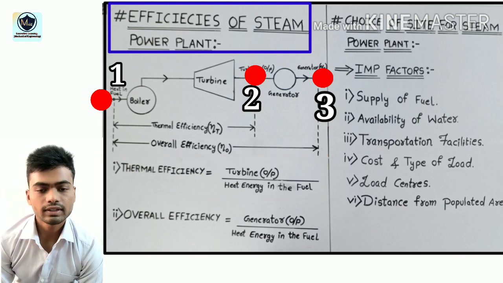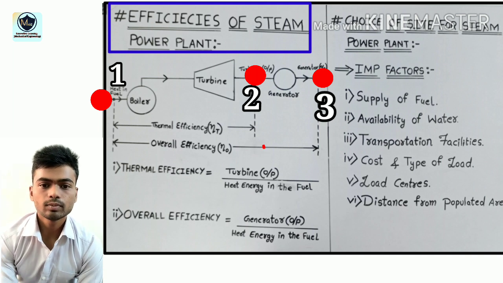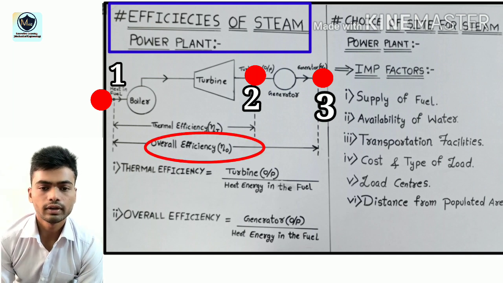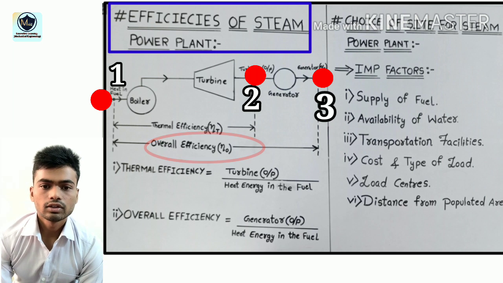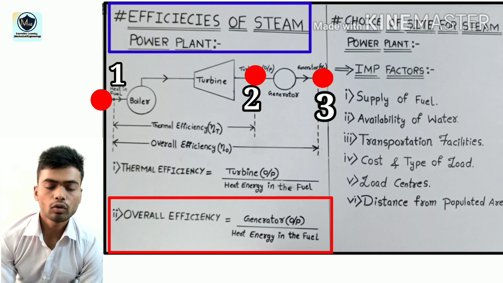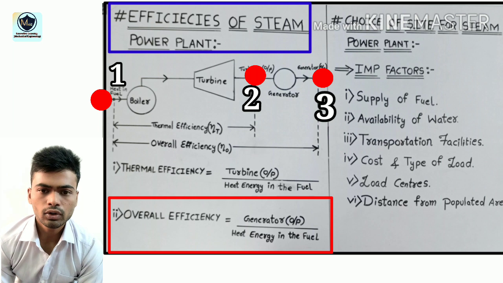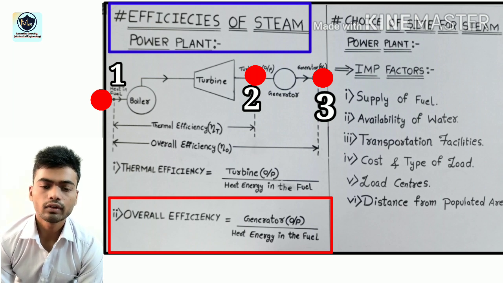If we apply the same formula for overall efficiency, it is between points 1 to 3. That is generator output to the heat energy in the fuel as an input. So finally, the overall efficiency is defined as the ratio of generator output to the heat energy in the fuel as an input.